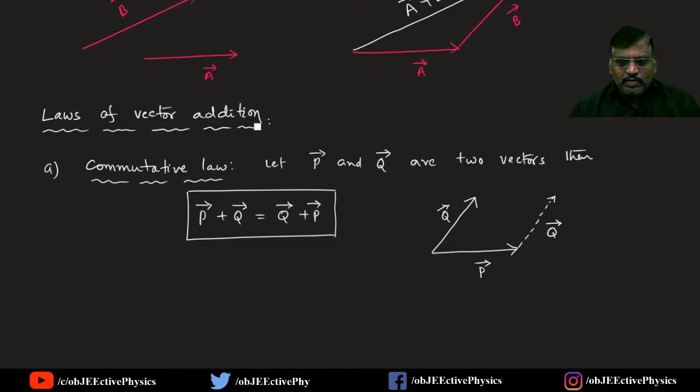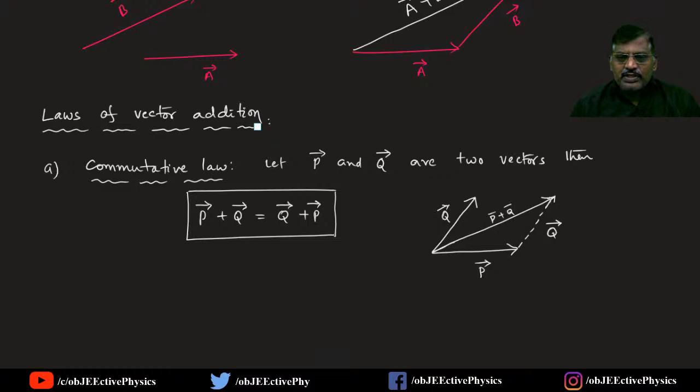And above, we discussed addition of vectors. When the first vector is drawn as it is, the tail of the second vector should be kept on the head of the first vector. Then by joining the tail of the first vector to the head of the second vector, this line gives the resultant of the two vectors, the sum of the two vectors.